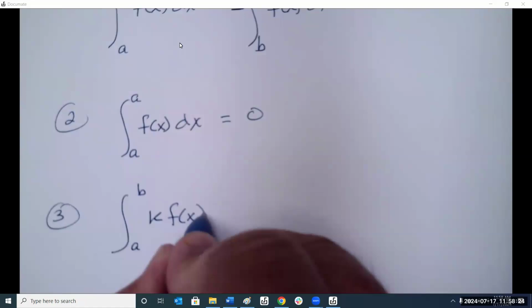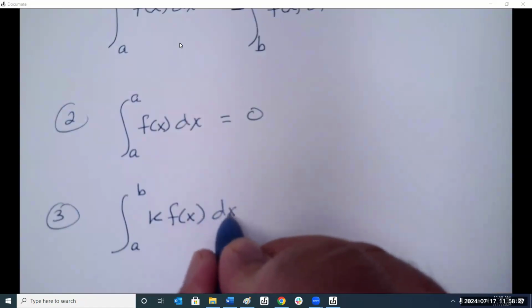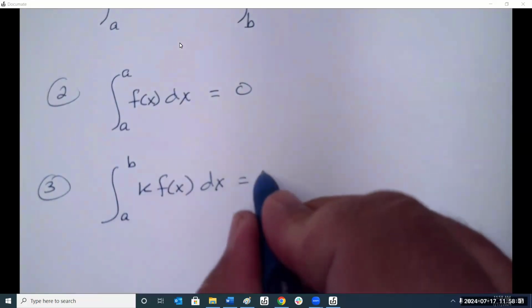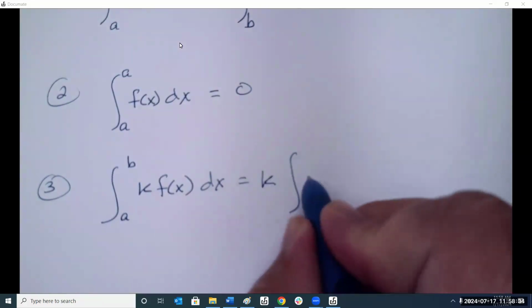As I said earlier, when we have a constant multiple, that constant multiple can go out in front.